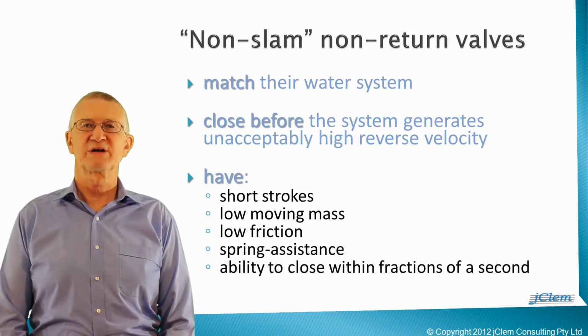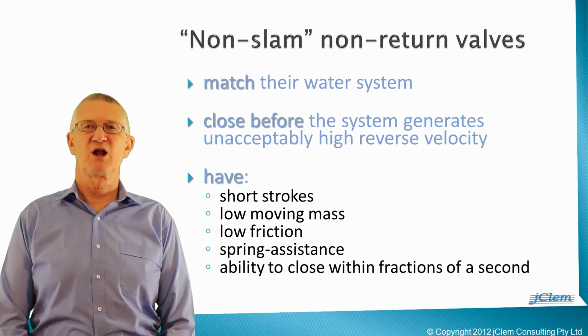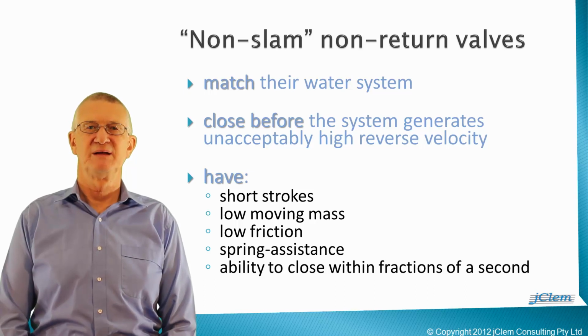We have previously looked at the results of WATTAMP simulations to reveal an example system's dynamics and the consequences of a non-return valve closing against a particular maximum reverse velocity. By matching the non-return valve to the system, we aim to select a valve that closes before the system generates unacceptably high reverse velocities.